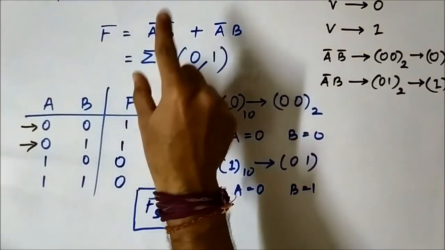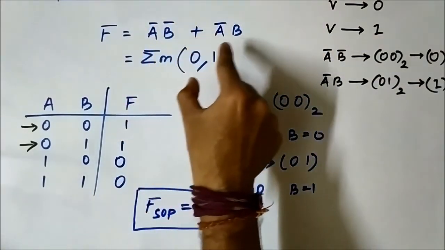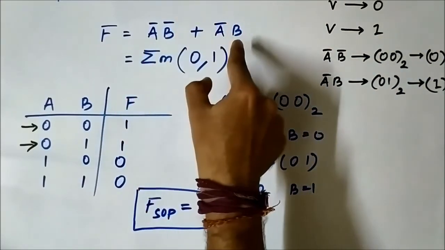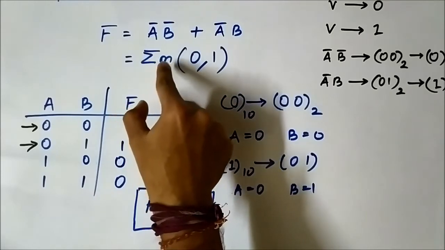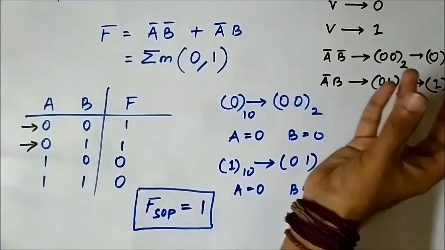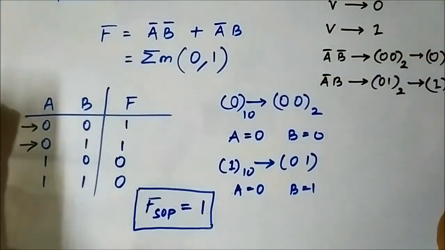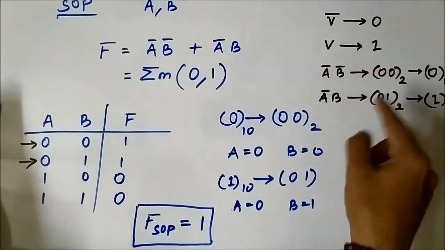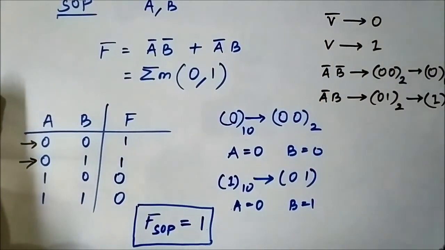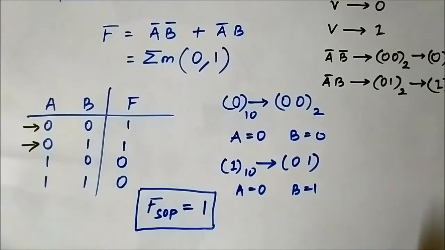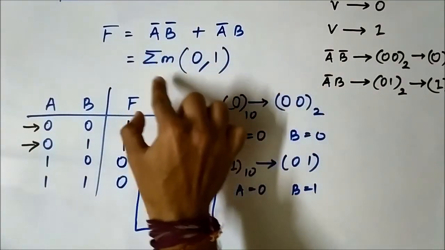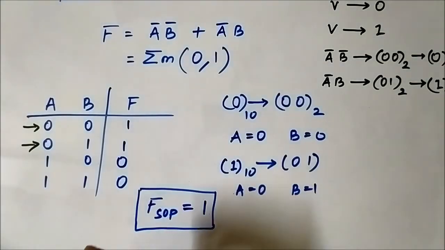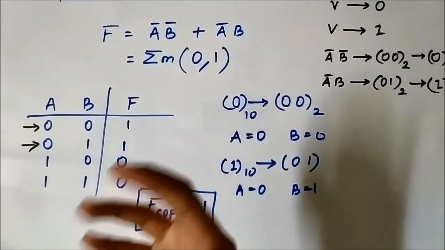Take 3 variables A, B, C, write the simple SOP expression, list it in terms of min terms, summation of small m, whatever the min terms are present using this rule. Complemented variables are 0, uncomplemented variables are 1, and then draw the truth table. Check whether at the given input combinations specified by these min terms, the output is coming 1 or not.